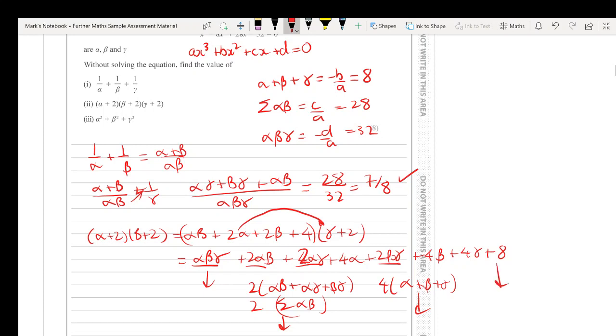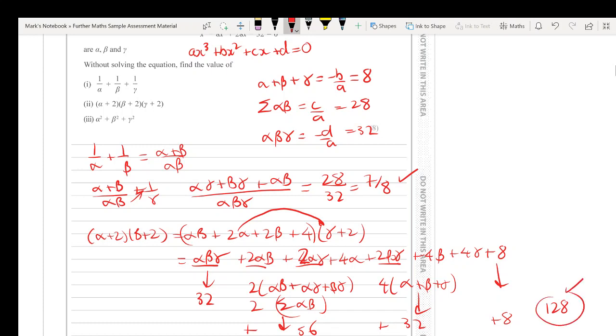So alpha beta gamma was 32, 2 times the sum of alpha beta is 56, alpha plus beta plus gamma was 8, so 4 times 8 is 32, and finally plus 8. So when you add those together, 32 plus 56 plus 32 plus 8, we get 128.